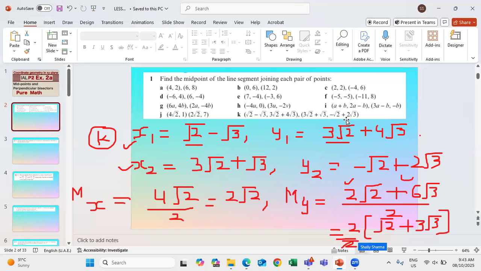So the final coordinates: the midpoint is M, and its coordinates are (2 root 2, root 2 plus 3 root 3). This is the answer.